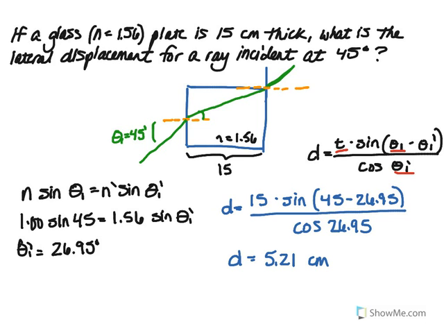And so the lateral displacement would be the distance between where the original incident ray was going, so we could extend that as a dashed line, and then where the actual emergent ray actually ended up going. And this distance, the perpendicular distance between those two lines, is your d, the lateral displacement. So that in this case would be 5.21 centimeters.